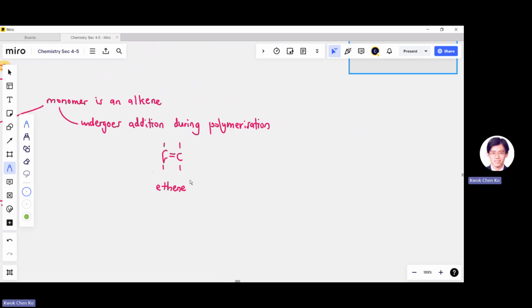So what happens is, this is the monomer, or this is the repeating unit. Remember, monomer also means the repeating unit. You keep on repeating this unit.